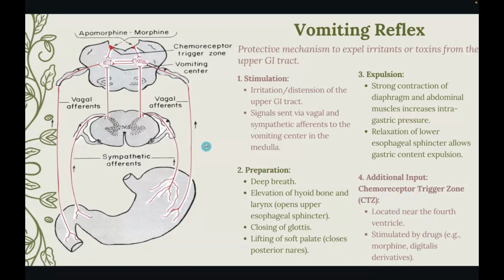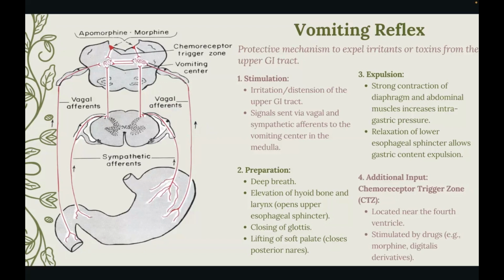And it's stimulated by drugs like morphine and digitalis derivatives and multiple other stuff. There are multiple other reasons. They're going to stimulate this CTZ to do the exact same thing of relaxing the sphincters and everything, the same pathway, but different centers.